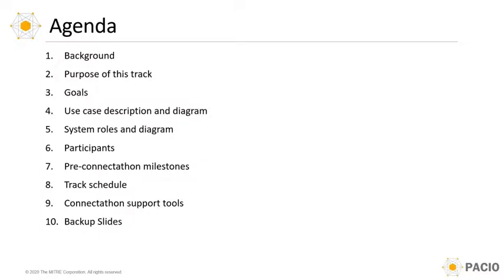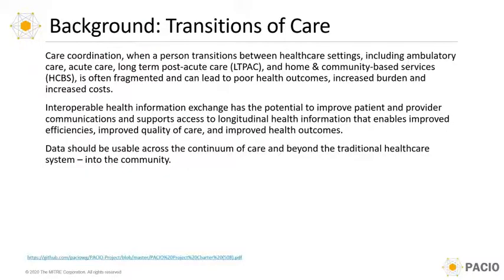So next slide. So really what we're trying to do is make sure, as you know, post-acute care patients are a sizable part of the healthcare system. In Medicare, 45% of the people that leave the hospital go to some kind of post-acute care facility, and so it's a very large part of our healthcare system.